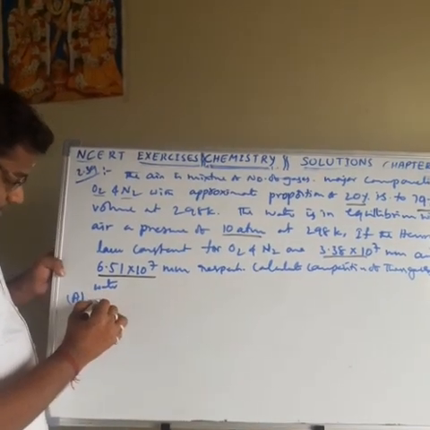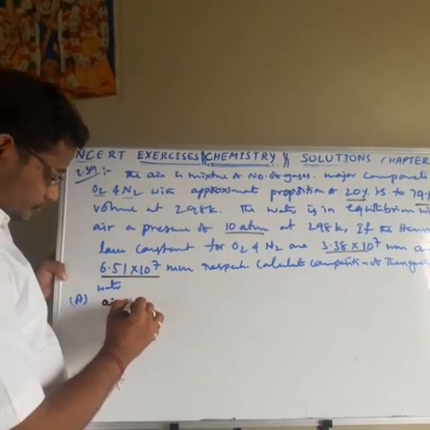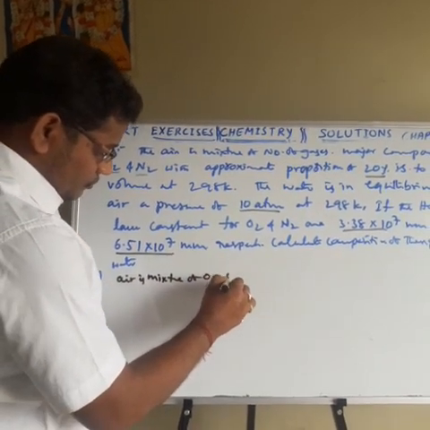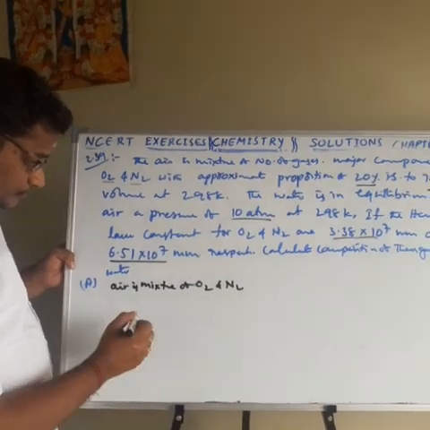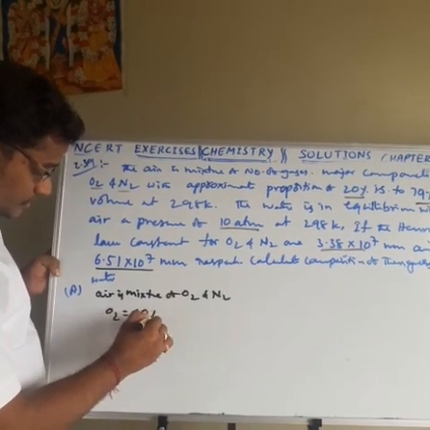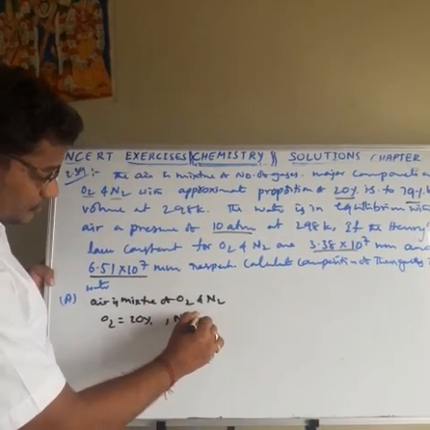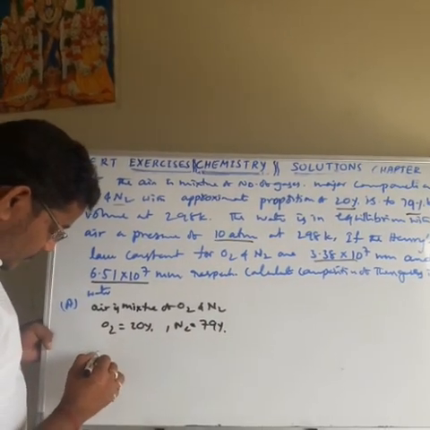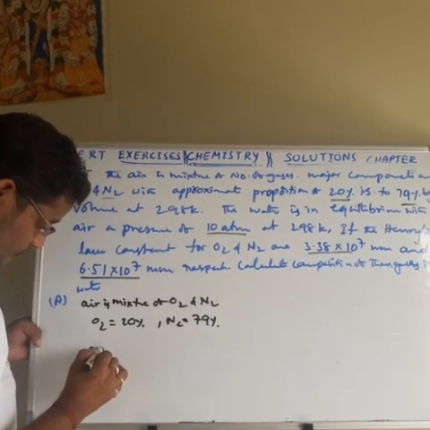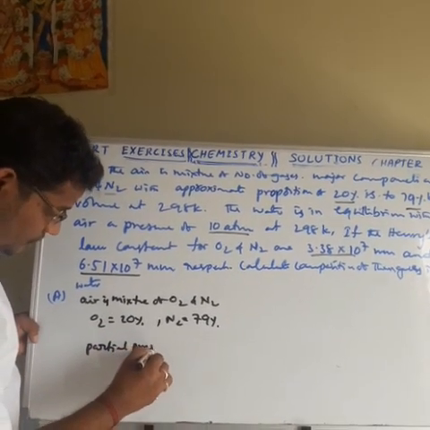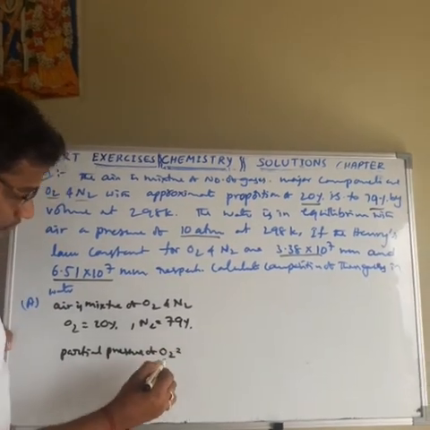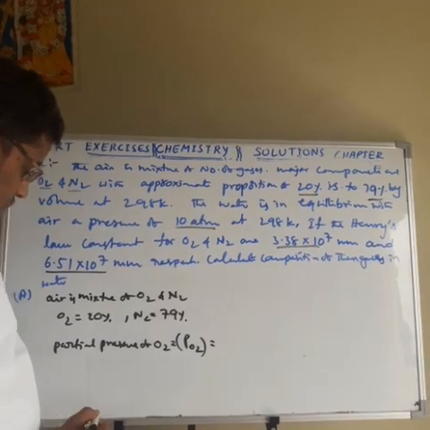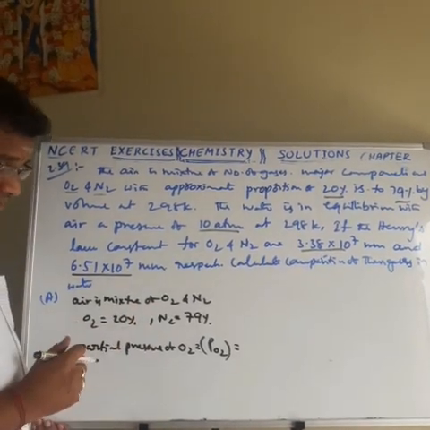First, the air is a mixture of O2 and N2. The O2 is 20%, and N2 is 79%. So by this, you have to calculate the partial pressure of oxygen. PO2 is equal to the mole fraction times the total pressure.